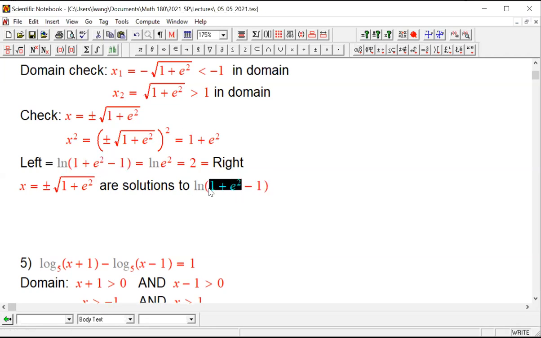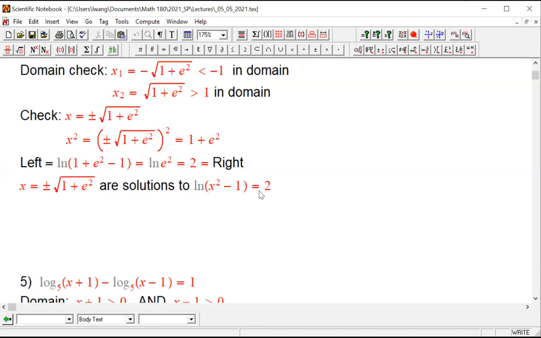Of course, in our case, it is x squared, and that equals 2. You can do it that way. And of course, the other way is you check one by one. But after you know this way, you probably don't want to do the check one by one, right?